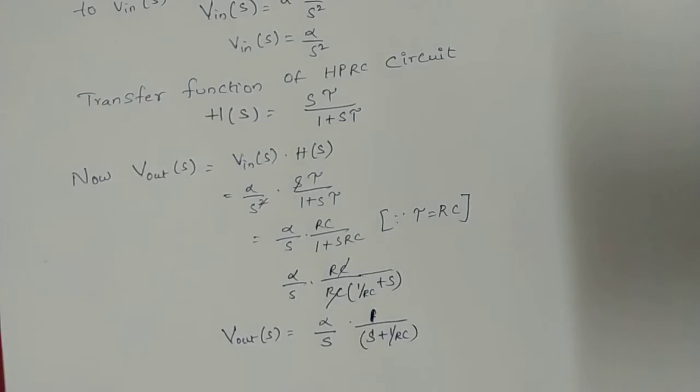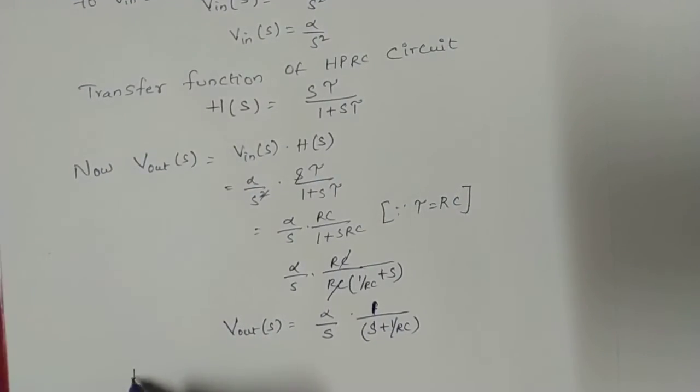Now, in order to convert this S domain into the time domain by applying the inverse Laplace transform, we must have the form 1 by S plus A, but here it is the product of S into S plus A terms. So for simplification, we take partial fractions.